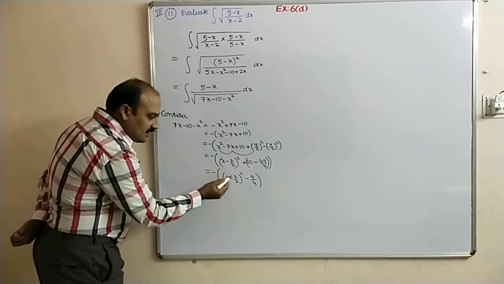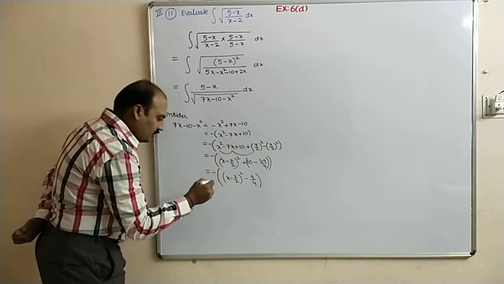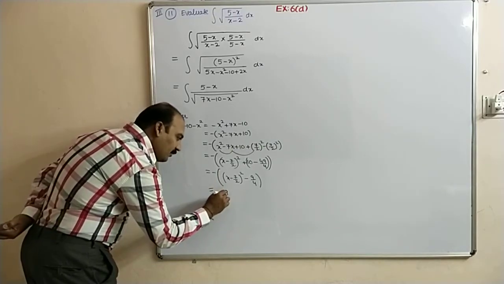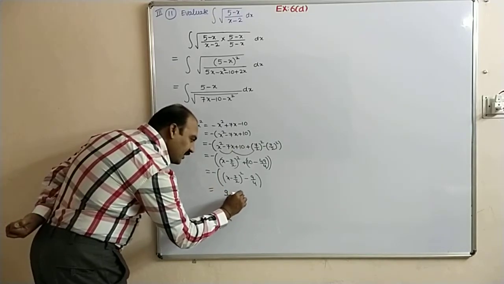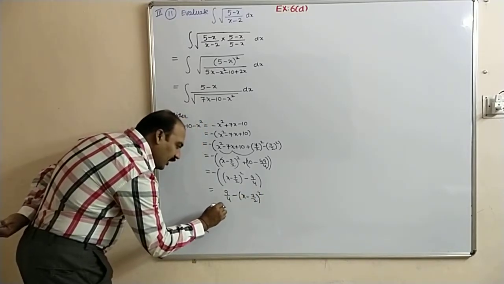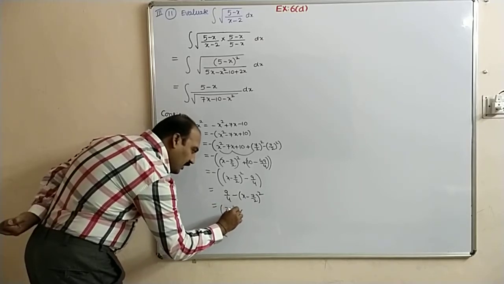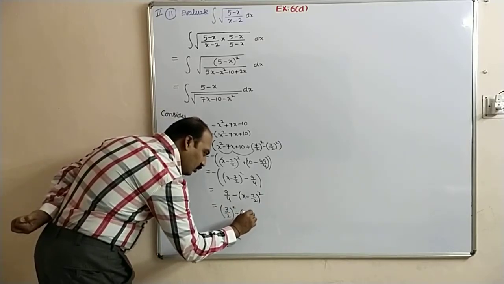If you remove the minus here, these two will be interchanged and 9 by 4 can be written as 3 by 2 whole square. So which is equal to 9 by 4 minus x minus 7 by 2 whole square, which can also be written as 3 by 2 whole square minus x minus 7 by 2 whole square.